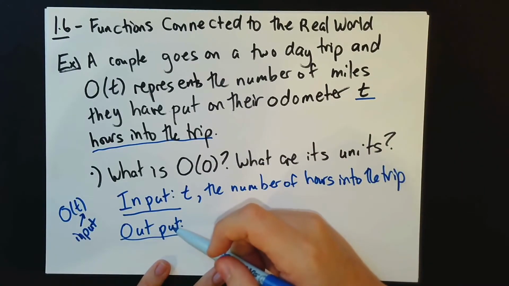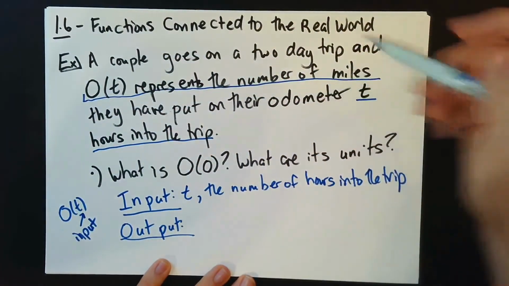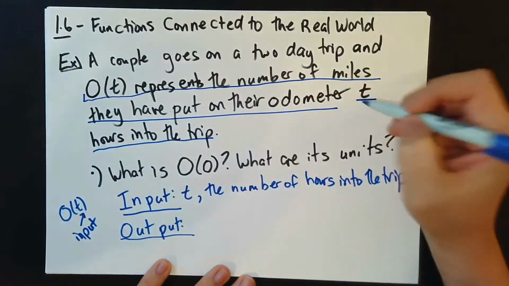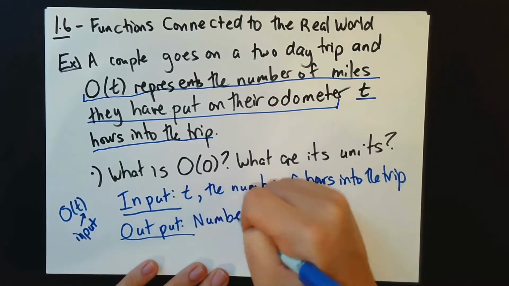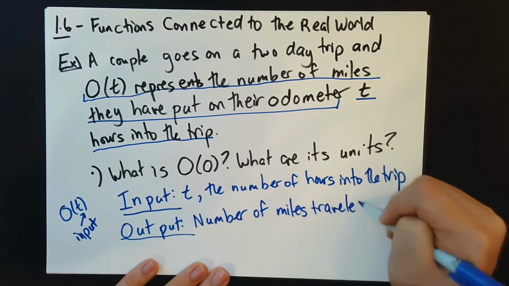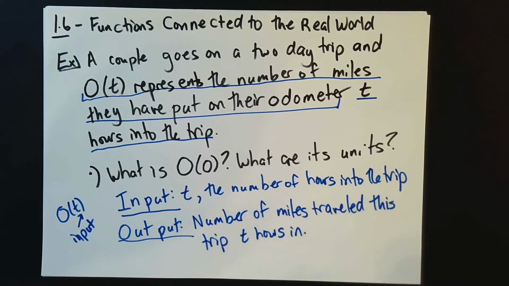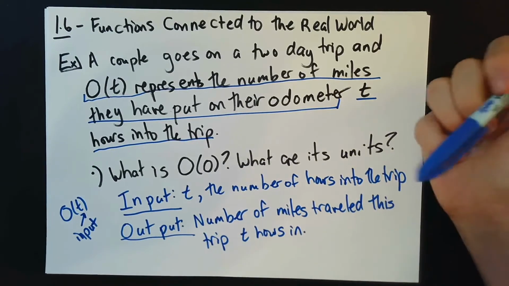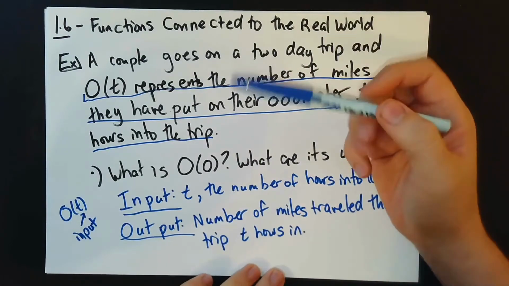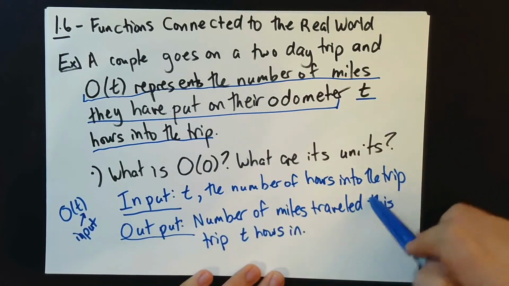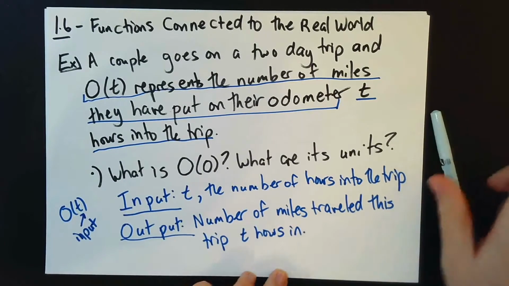And then the output of this function is the number of miles they've put on their odometer. So this is the number of miles traveled this trip, t hours in. So the way this function works is that you take an input, a number of hours into the trip, and then you get an output that tells you how far they've traveled that many hours into the trip.